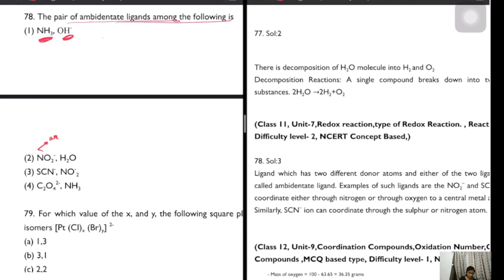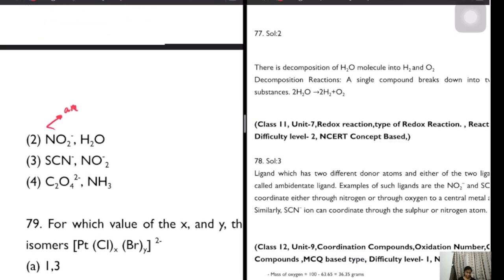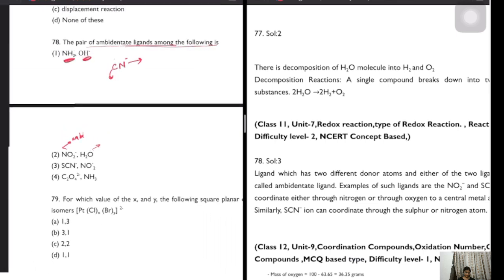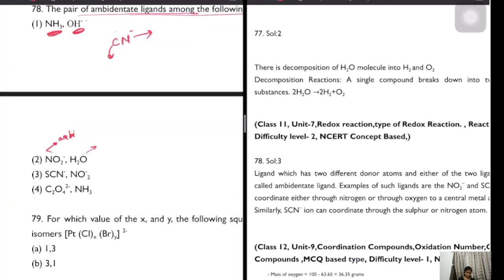That is, in case of CN, we can use it through N or through C. NO2 is ambidentate. H2O is not, you can donate only like this. We can donate this lone pair. SCN, yes, SCN is. It can do from here or here. So this would be the correct answer because this is also not, this is a bidentate ligand. So the correct answer is option 3.